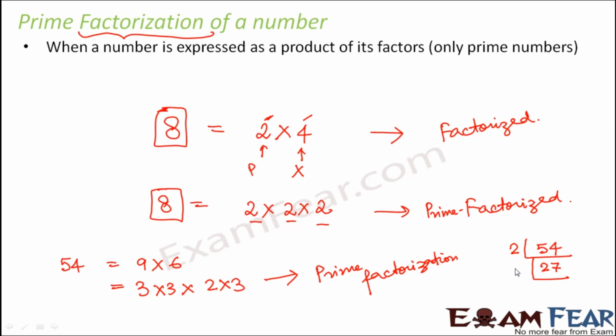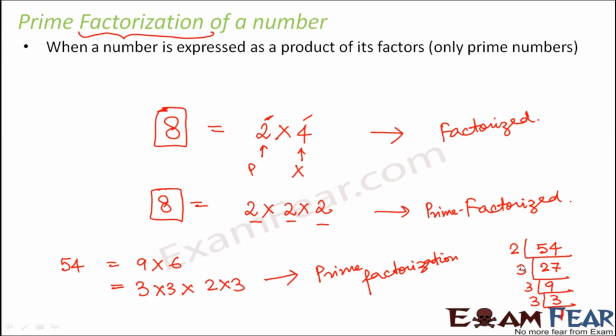Now you again divide this by the smallest prime number possible, in the sense of the smallest prime number by which this will be divisible. 27 will not be divisible by 2, but by 3 it will be divisible because 3 9s are 27. Again 9 will be divisible by 3, so 3 3s are 9. Again this 3 will be divisible by 3, that is 3 1s are 3. You perform this until you get a 1 here.